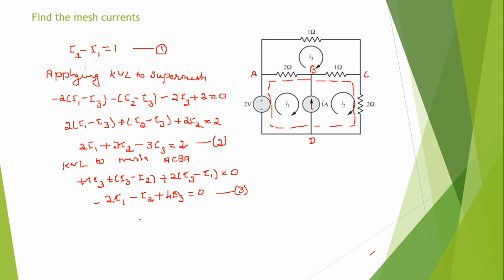Using Cramer's rule, if I solve, I will get I1 equal to 1.55 amps, I2 equal to 0.55 amps, and I3 equal to 0.91 amps. Please check this answer by solving with Cramer's rule.